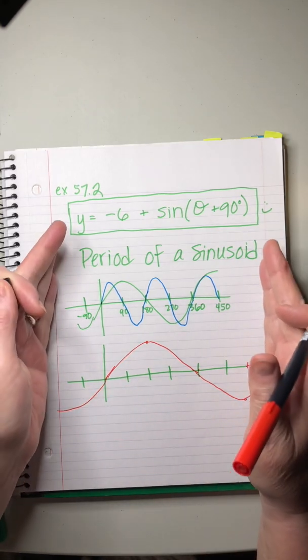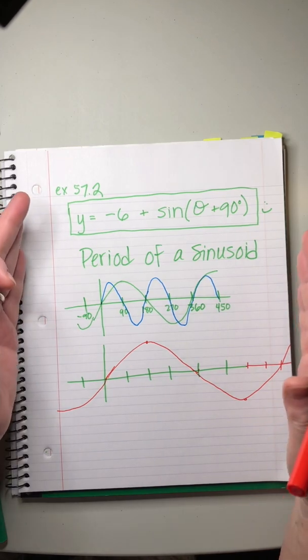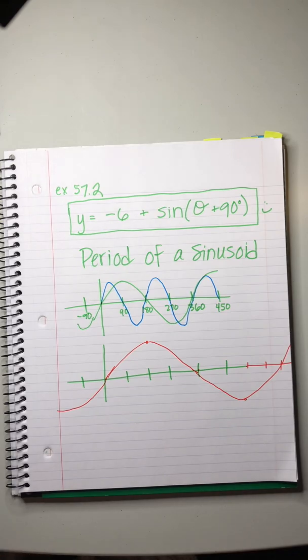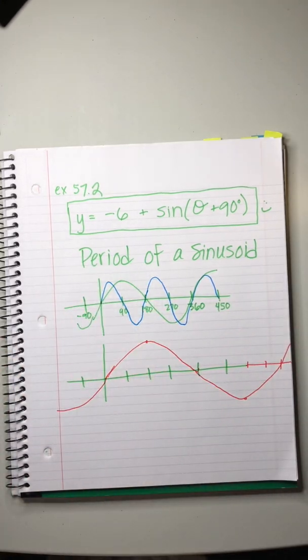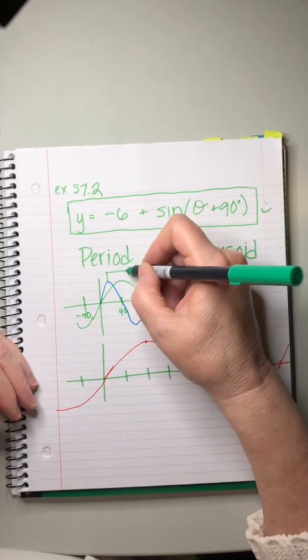So we can take the curve, and somehow I imagine them being made of pipe cleaners. We can squish them, or we can pull them apart to make the loops in the curve, if you will, tighter or looser. And the way we measure what we call a period is to go from peak to peak. Okay?